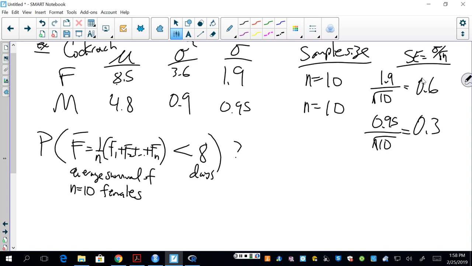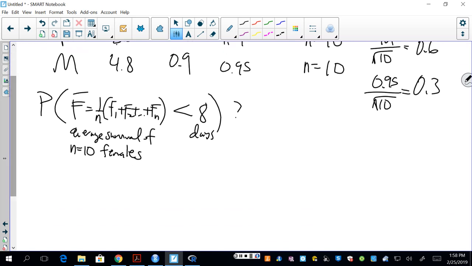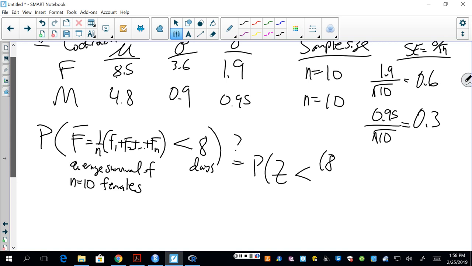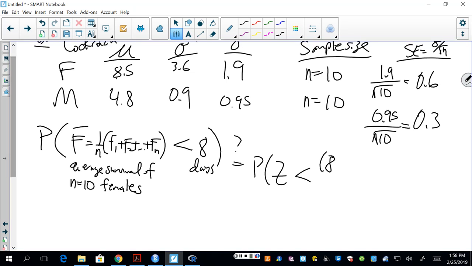It's a normal problem. So we're going to z-score. Now 8 is our number. We just subtract the average. If these are all females, the average is 8.5. But now we don't divide by 1.9.